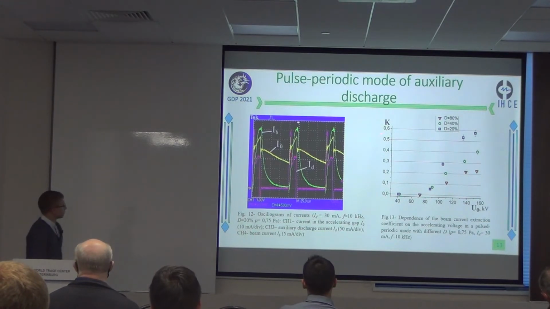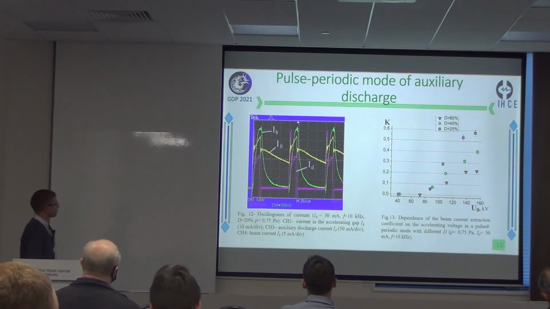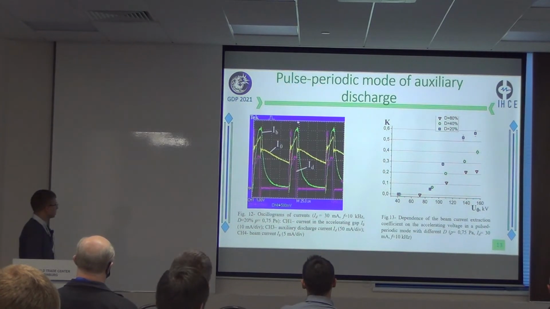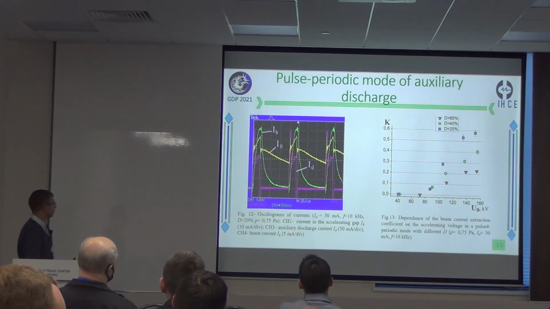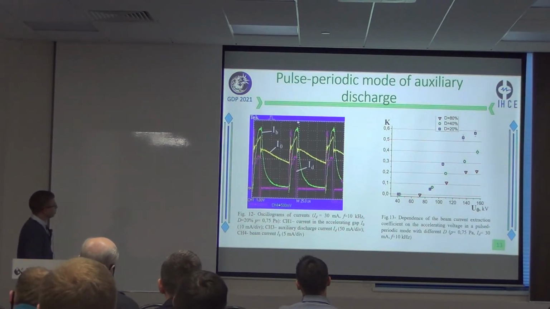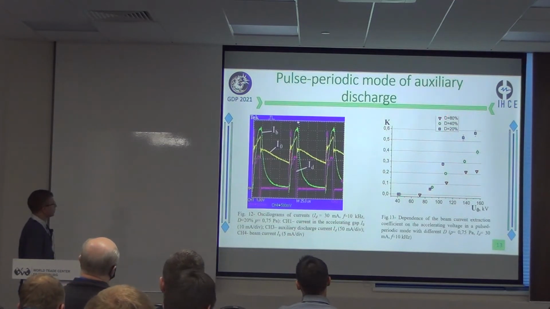We quantified the extraction coefficient, and you can see that in this mode we can change the amplitude of discharge and pulse duration due to stabilization of the average value of discharge and due to controlling the pulse duty factor.